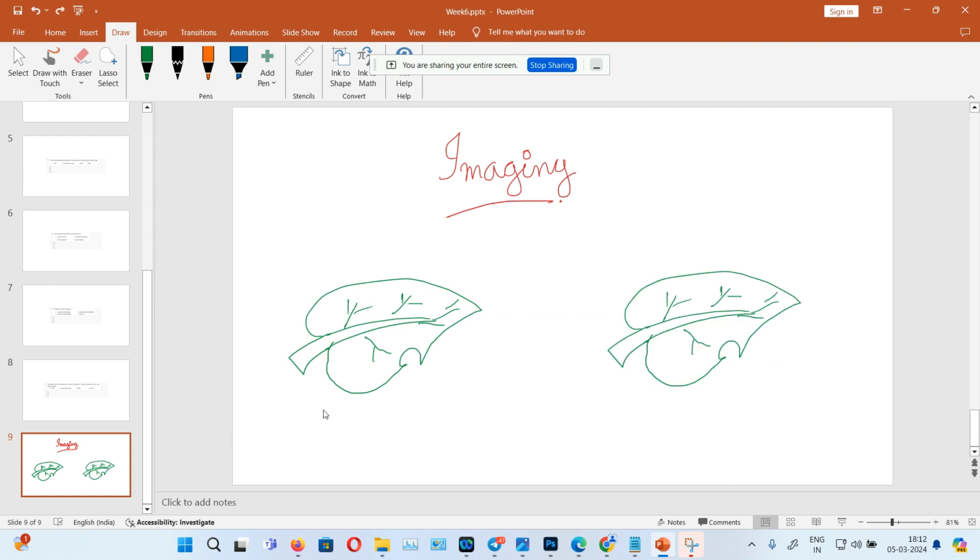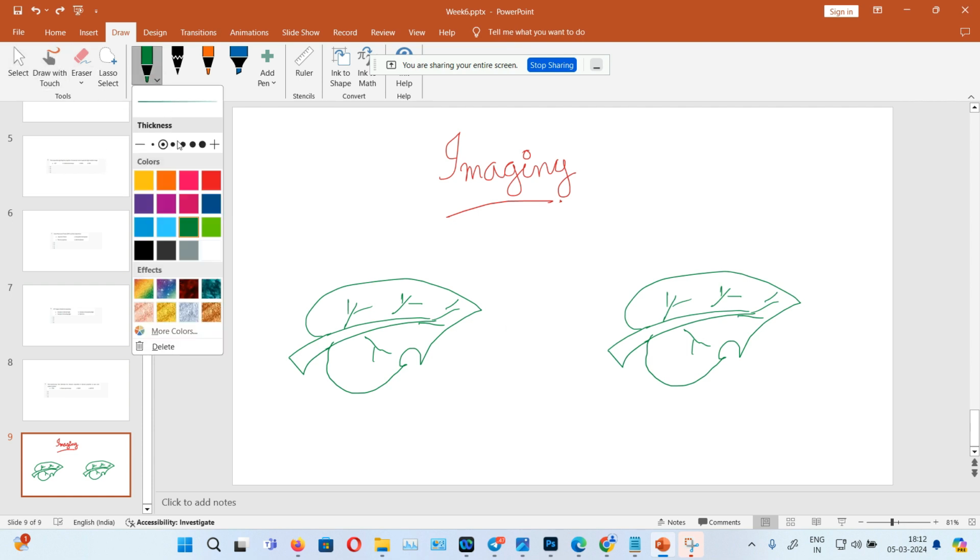So you can see this is an object and this is an image. What makes it an image? I can say that there is always a one-to-one correspondence from the object side to the image side.